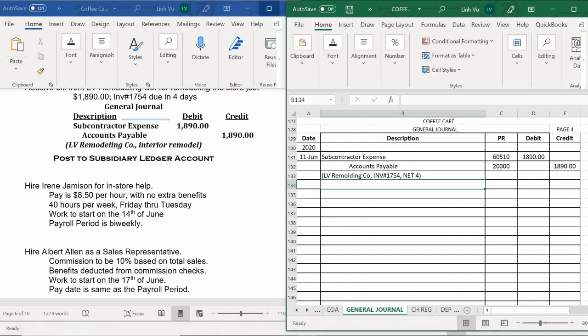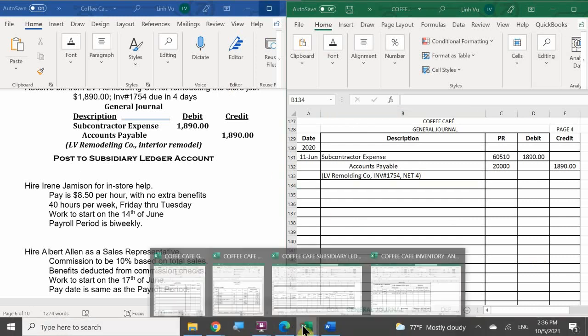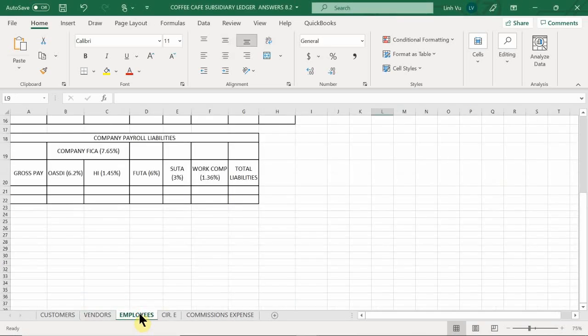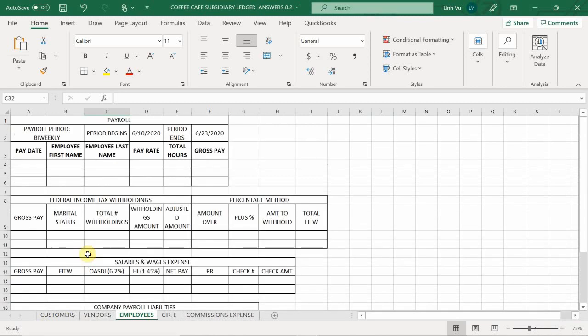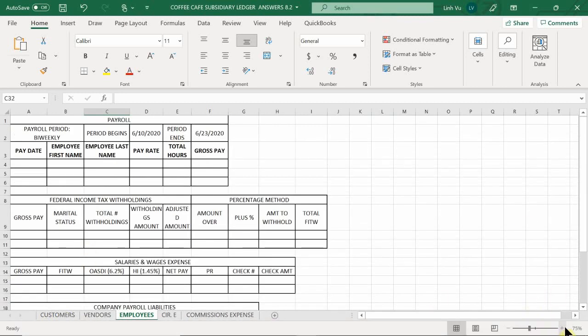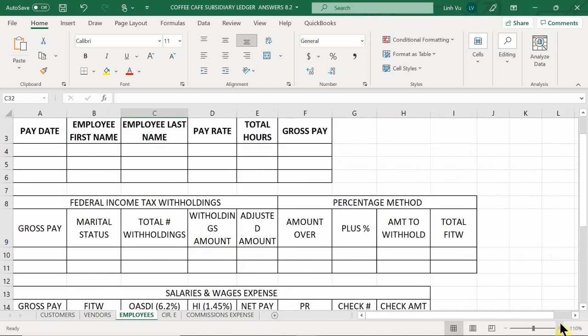That's what I was talking to you about, where on the subsidiary ledger I have a spot for employees. But for you, if you're doing a Word document, I posted a separate page for the employees. So if I click employees, here you go. I have all this information that I need to collect from her.